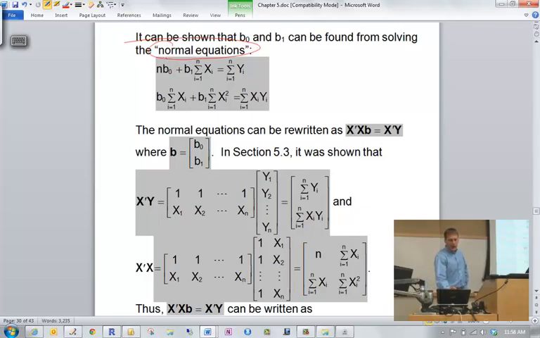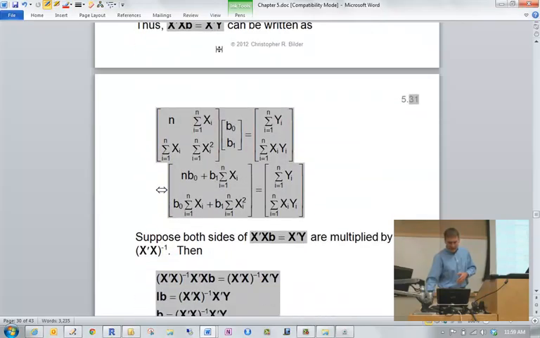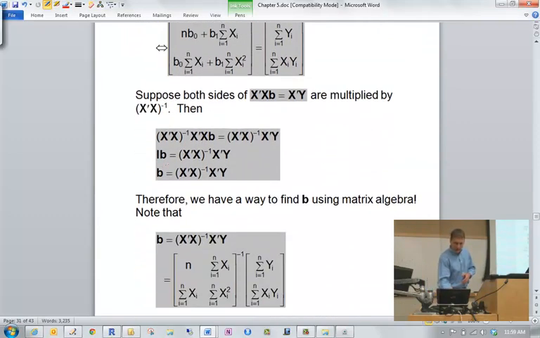So if I solve for beta 0 and beta 1 here, I get my usual expressions for them. And in the end, in terms of matrices, you get X prime X inverse, X prime y. This is how we find our B, where B has elements B0 and B1 in it.